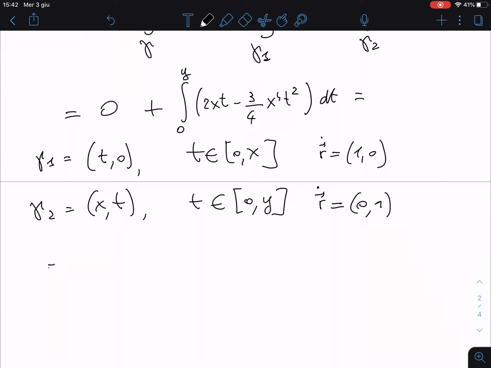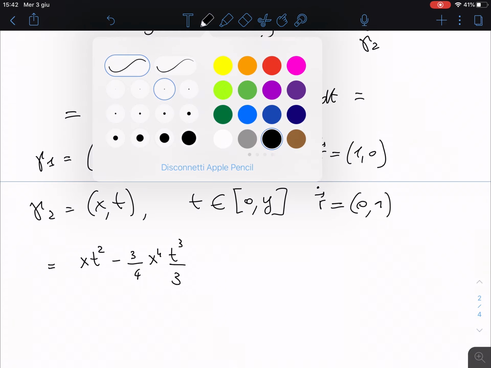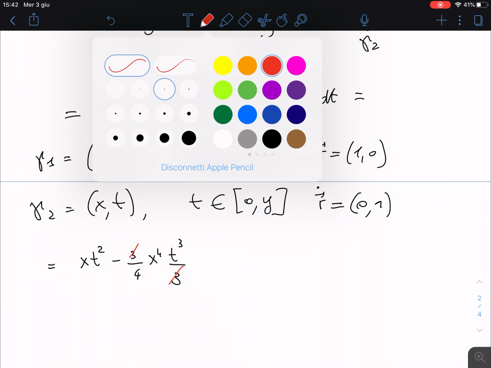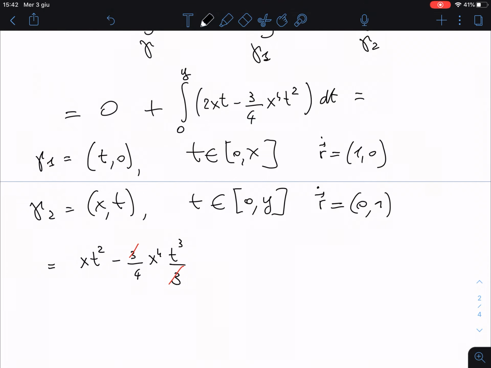So now we just integrate this field. This is the integral from 0 to y of 2xt minus 3 over 4 x to the fourth t squared. We integrated t squared and we get t cubed over 3. Of course, this 3 cancels the other one, and now we have to evaluate the integral between 0 and y.